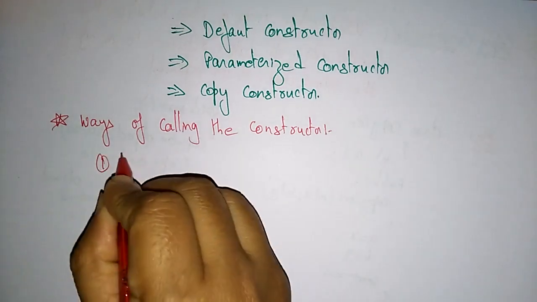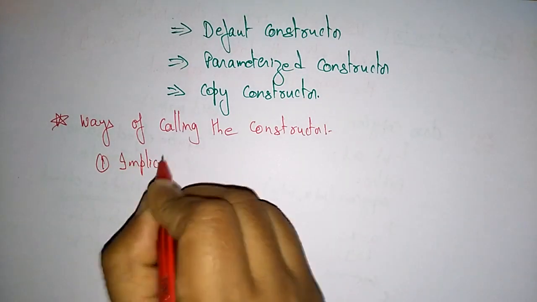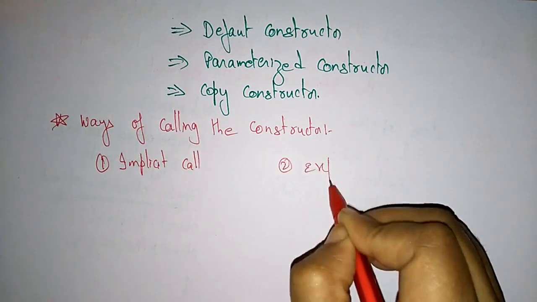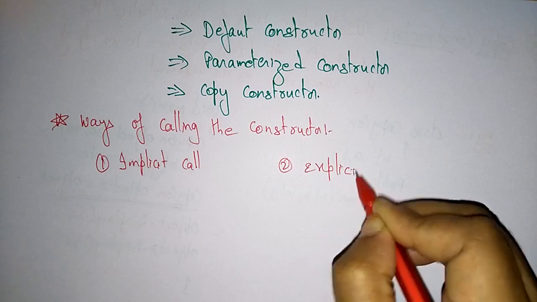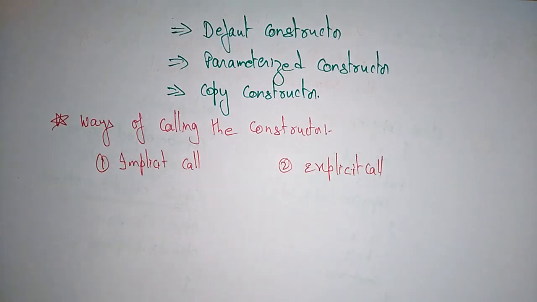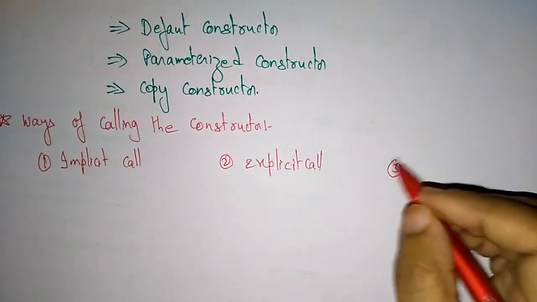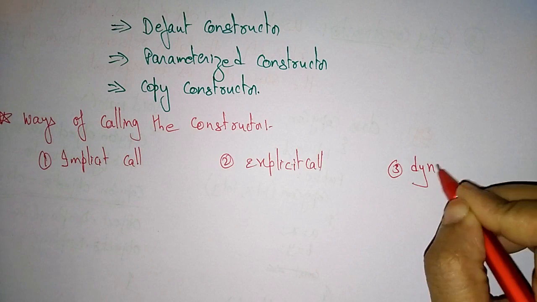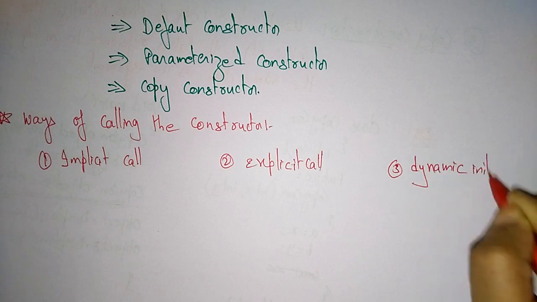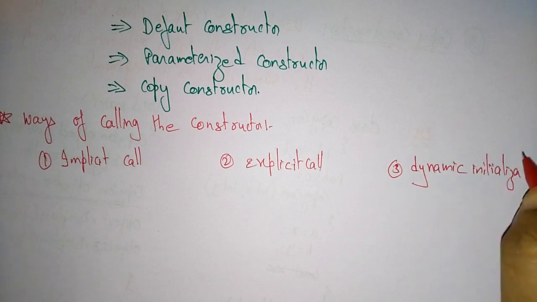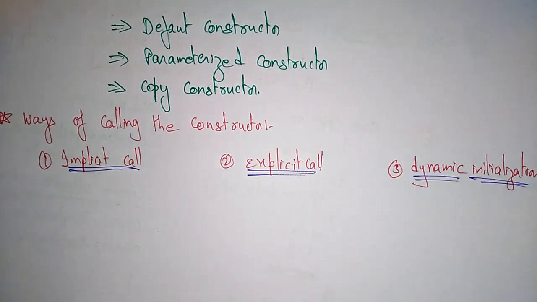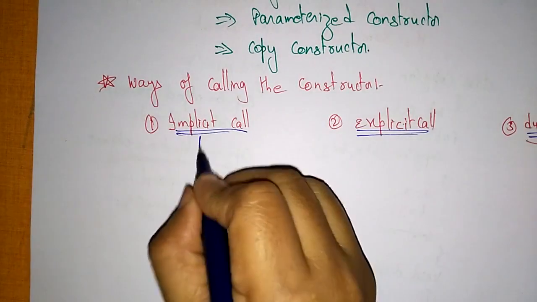The first one is the implicit call, the second is the explicit call, and the third one is the dynamic initialization. So these are the three different ways of calling: implicit call, explicit call, dynamic initialization. Let us see what this implicit call is.